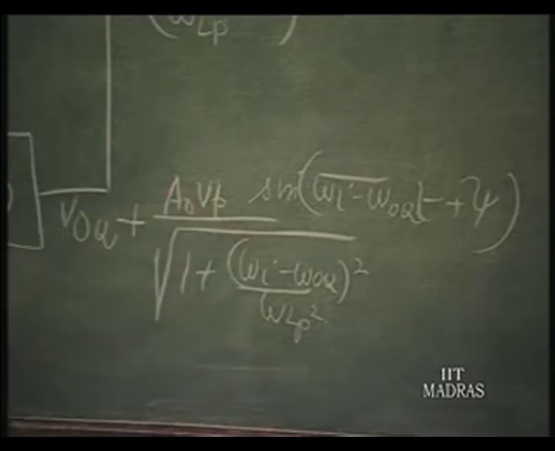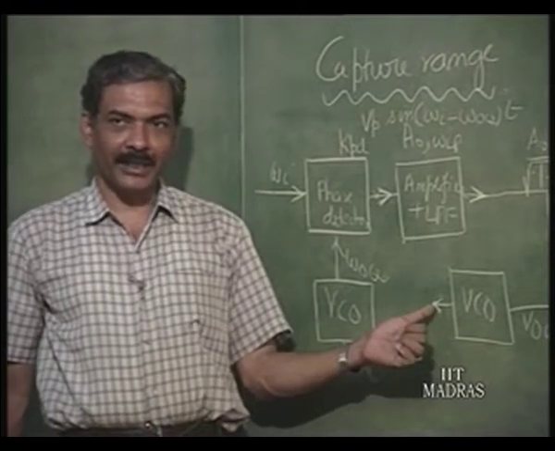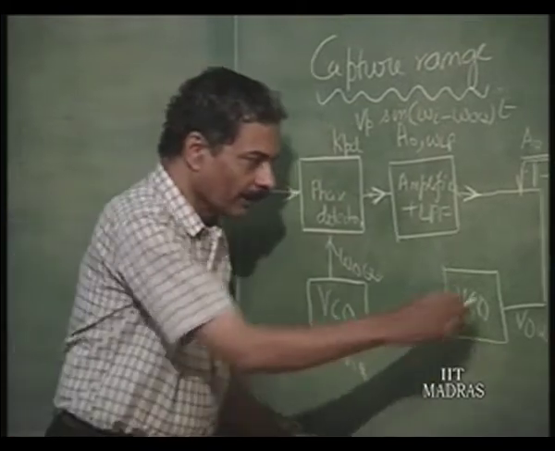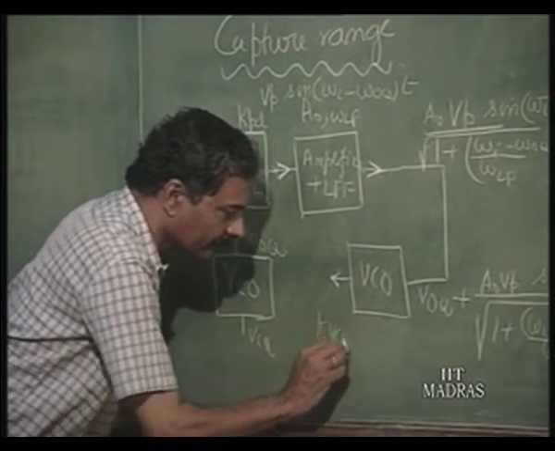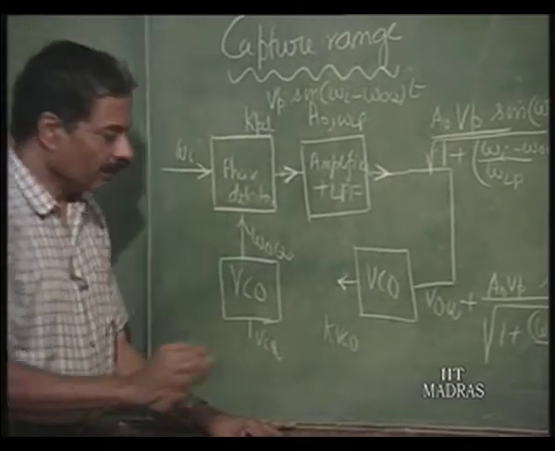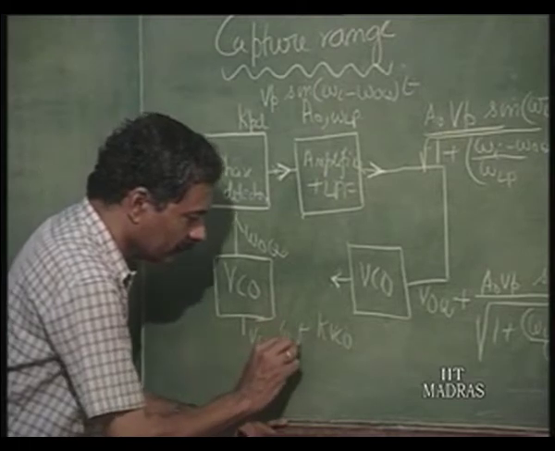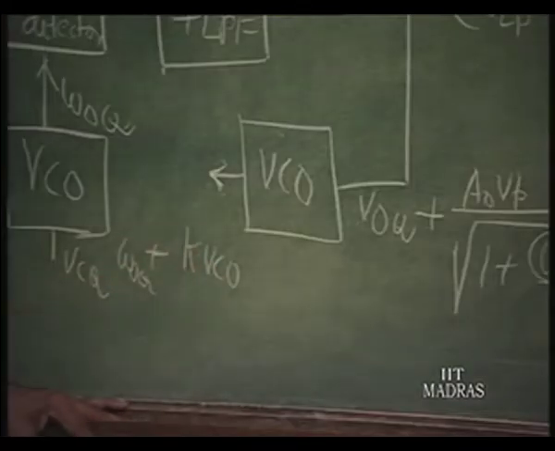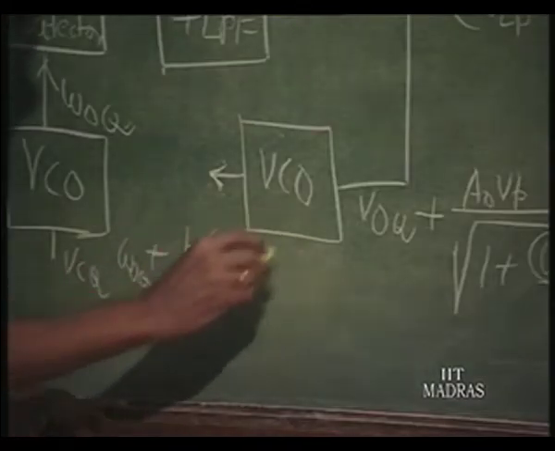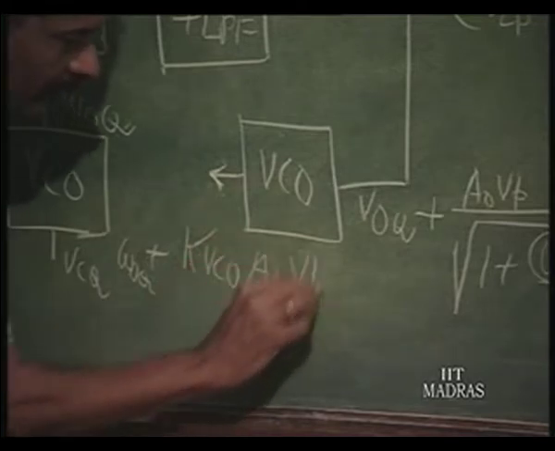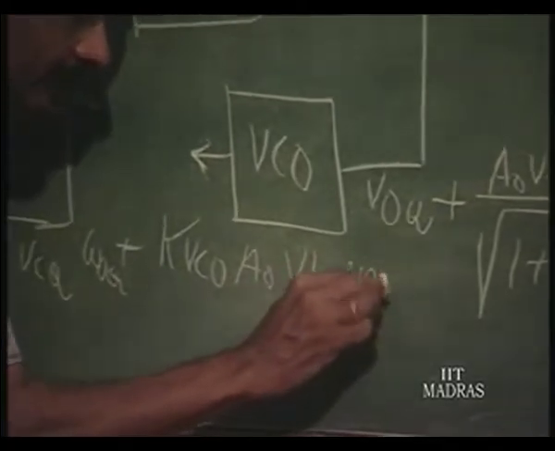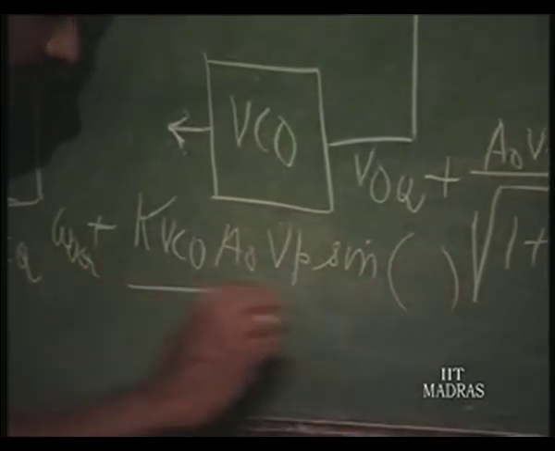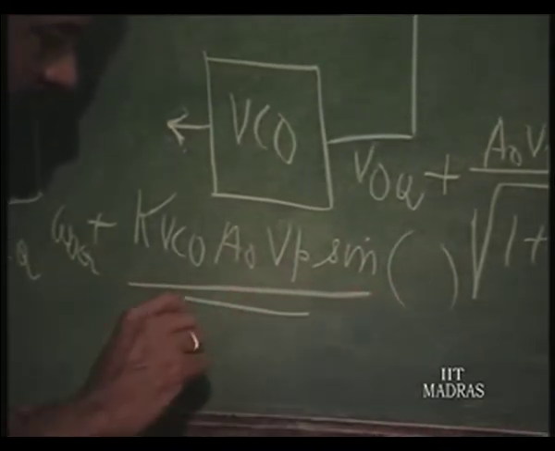Okay. What will this do? This will start swinging from this to k V c o omega naught q plus k V c o into A naught into V p, the same thing sine of that divided by root of that.